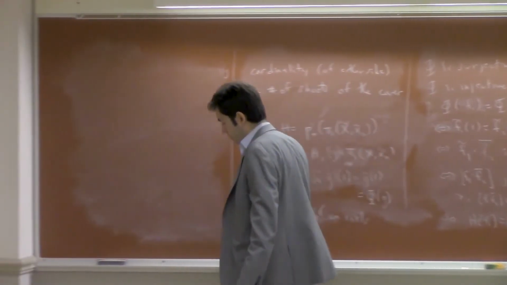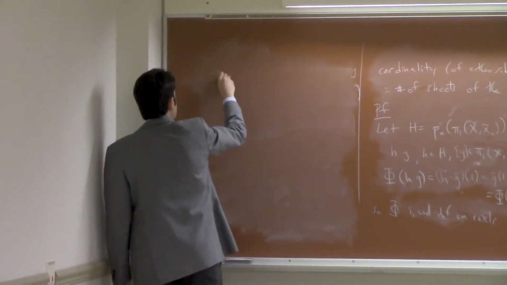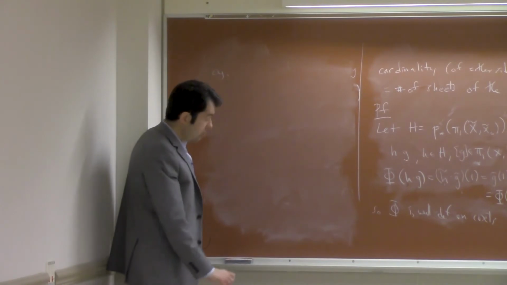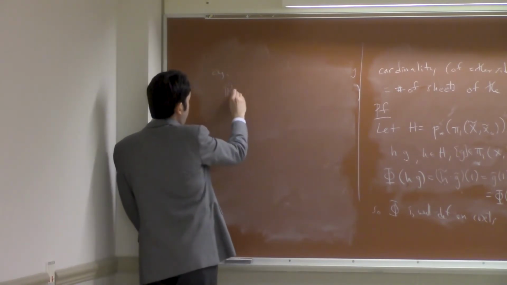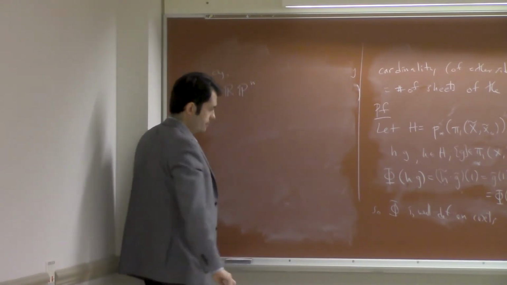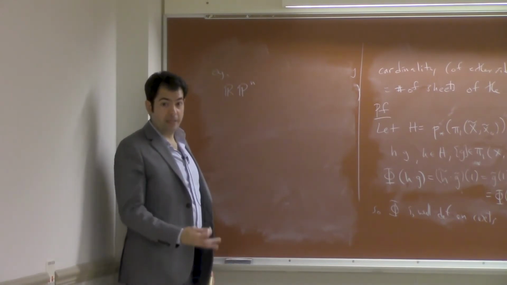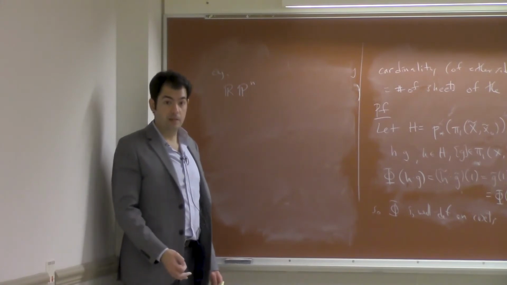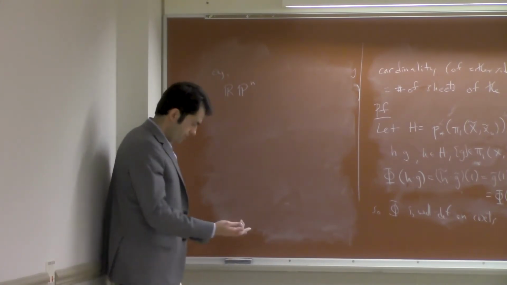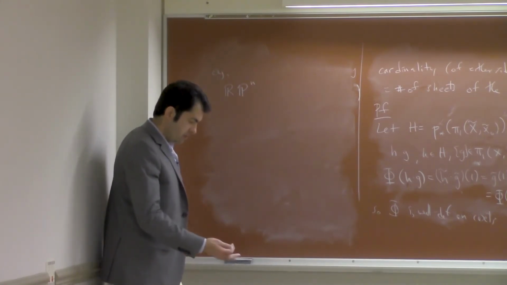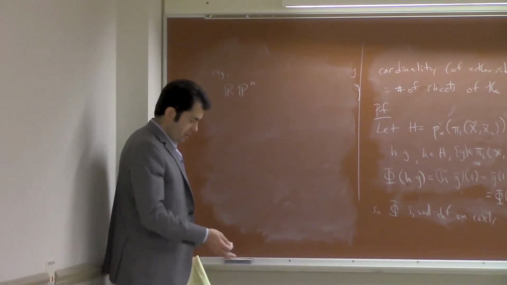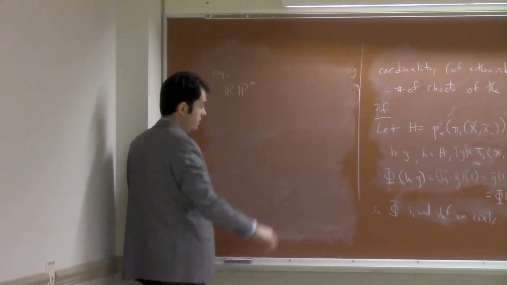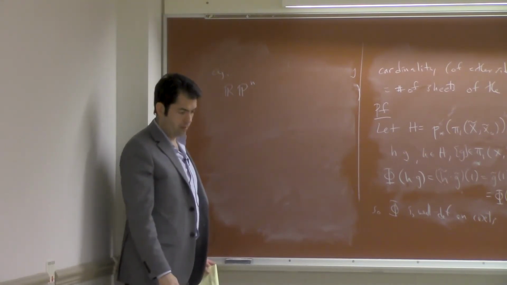It's a quick application. Let's say you look at RPn. As you know, RPn is the real projective space of dimension n. This is the set of all lines through the origin in R n plus 1.